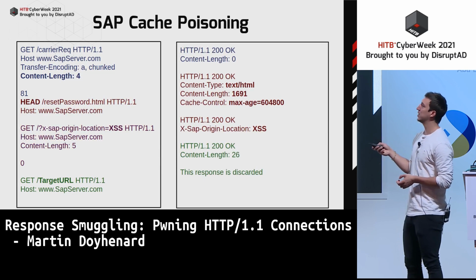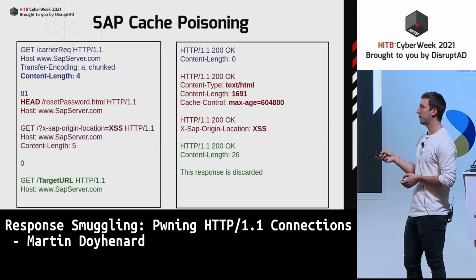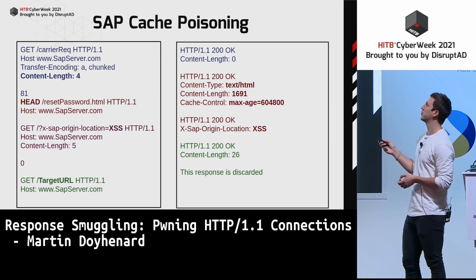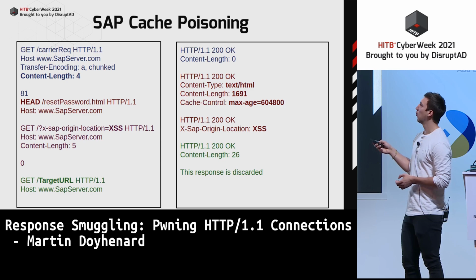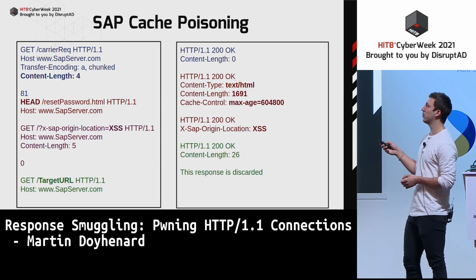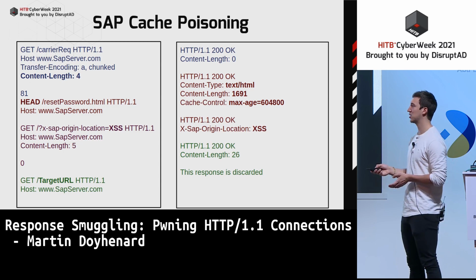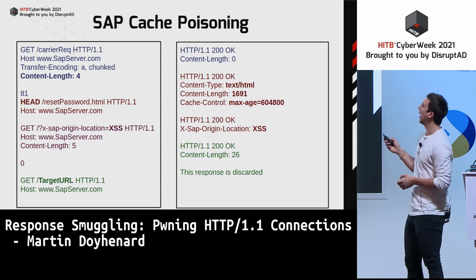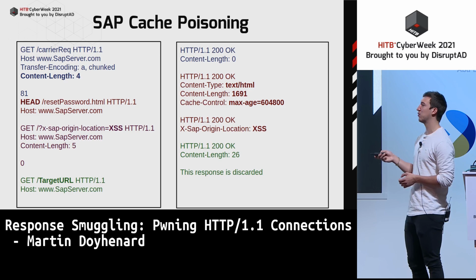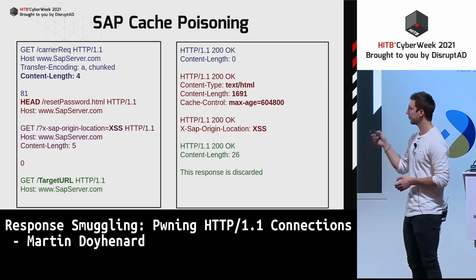When the backend receives this request, it will split them into 4. The first response will be sent to the attacker. The second response will contain the content length different from 0, and it will not be recognized as a HEAD response because it matched the GET. And it will match the GET to the target URL, so this is going to modify the target URL in the cache.